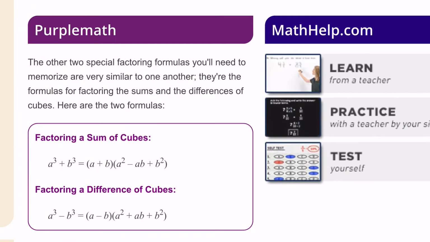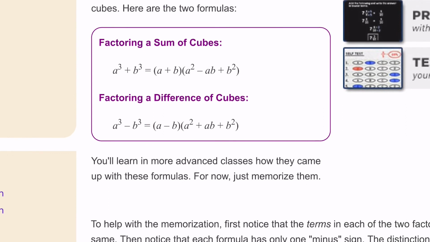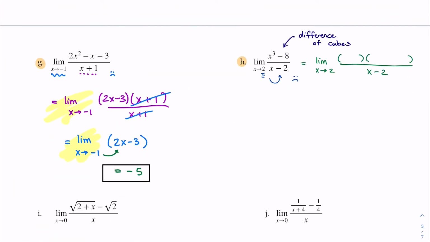So we can zoom in, purple math, always a classic. A difference of cubes is saying a cubed minus b cubed. That's going to give us a minus b times a squared plus ab plus b squared. So sweet. We are going to go ahead and use that. So that means our a here is x, and our b value is actually 2.